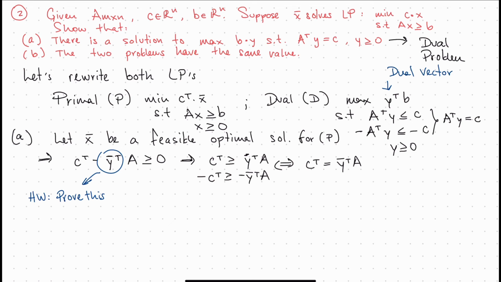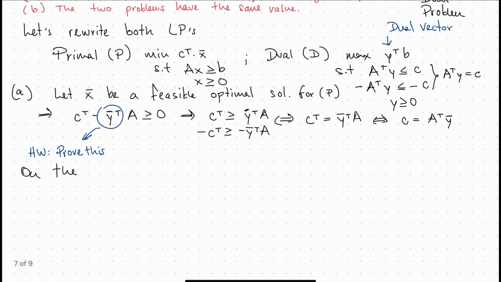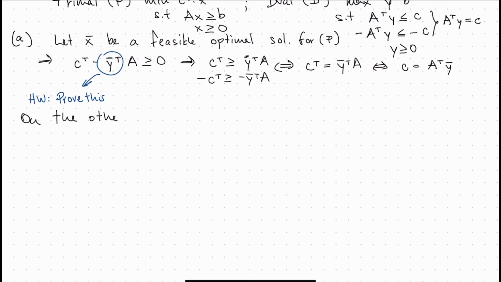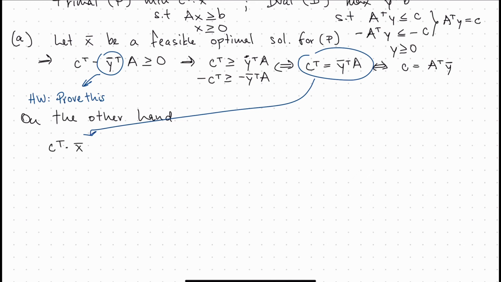On the other hand, let's transpose it again: c equals A transpose y bar. Let's plug it in right here. c transpose x bar equals y bar transpose A times x bar.